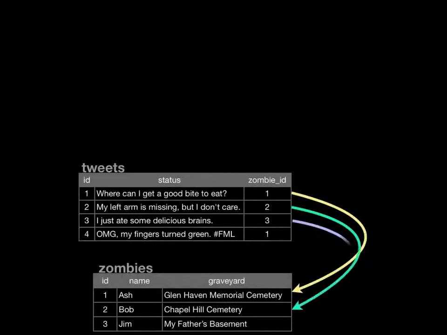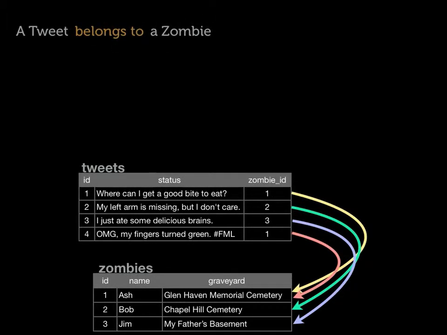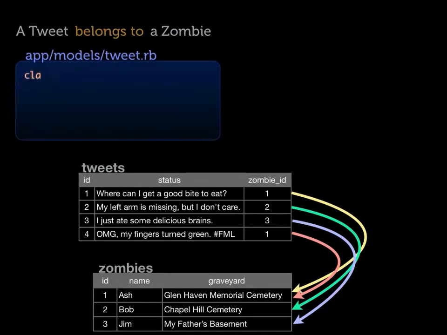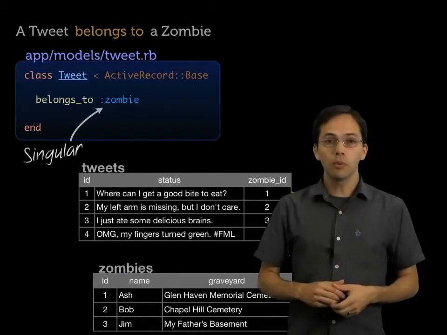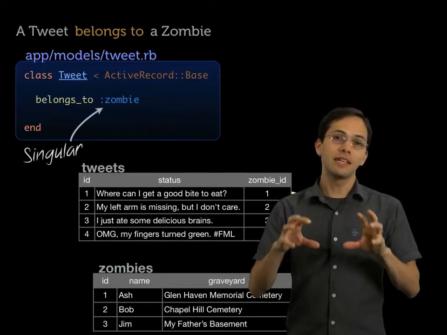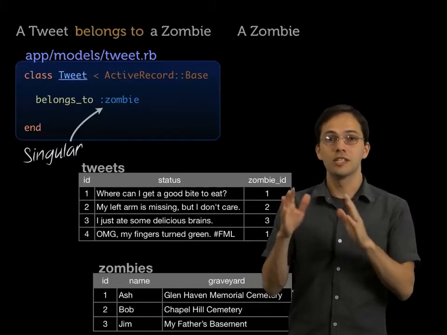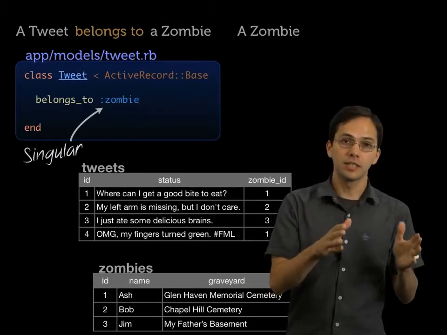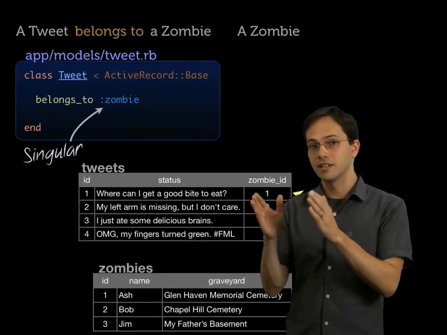So looking at this database table, we might say a tweet belongs to a zombie. Inside of our model, to map that correctly, we simply add belongs_to :zombie. It's important to notice here that we're using zombie singular. We say belongs_to :zombie because one tweet belongs to one zombie.